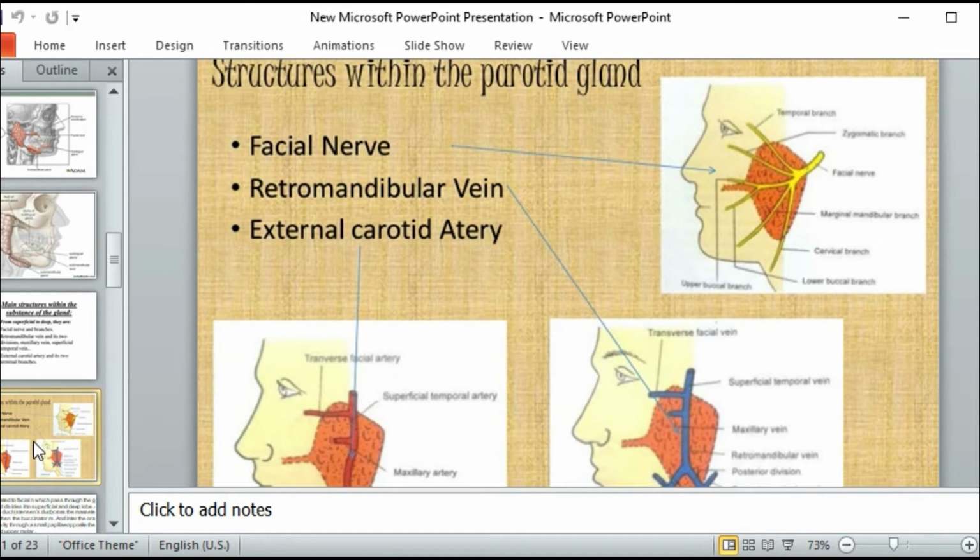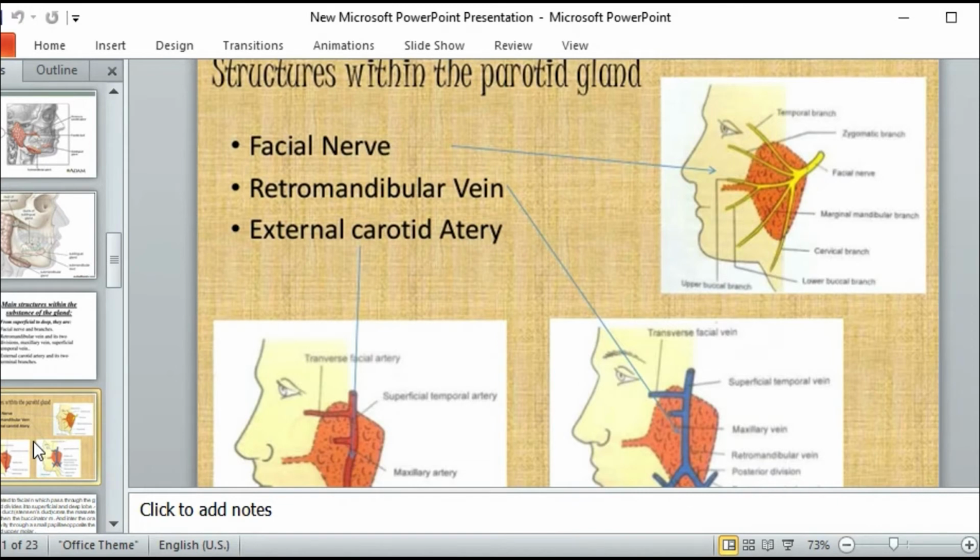Why? Because it may be danger, trauma to the facial nerve during the surgery. So the operations in this area must be conservative, because the passing of the facial nerve, so any mistake during operations may lead to trauma to this important structure.